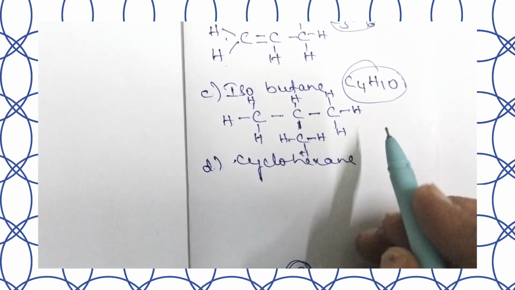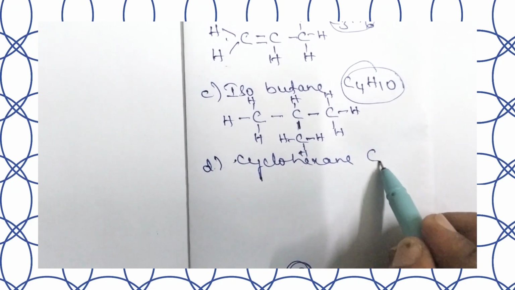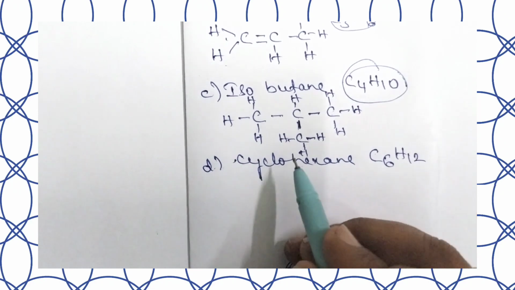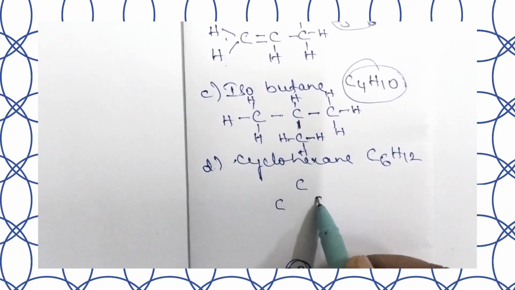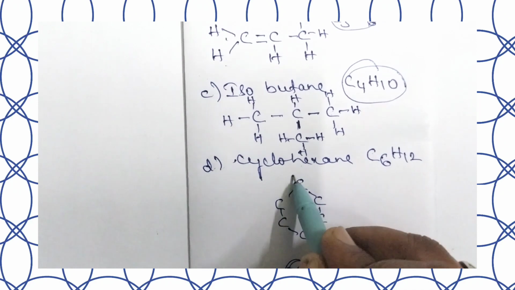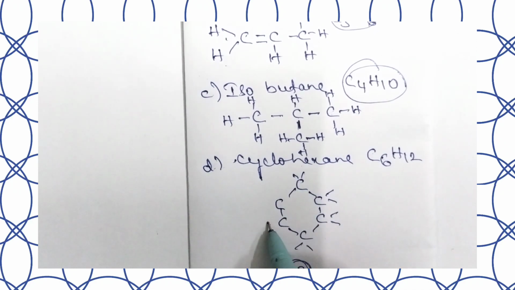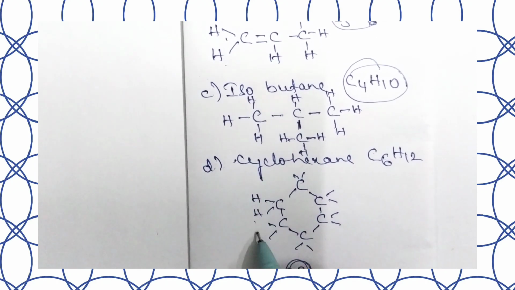Then coming to cyclohexane. Since it is cyclo, we have to write a closed chain. Molecular formula C6H12. So write the closed chain 1, 2, 3, 4, 5, 6, with single bonds. For every carbon you have to give 2 hydrogen.